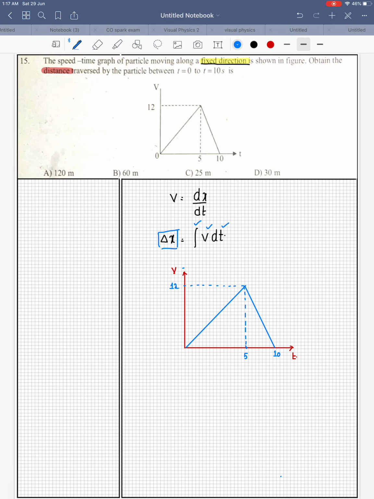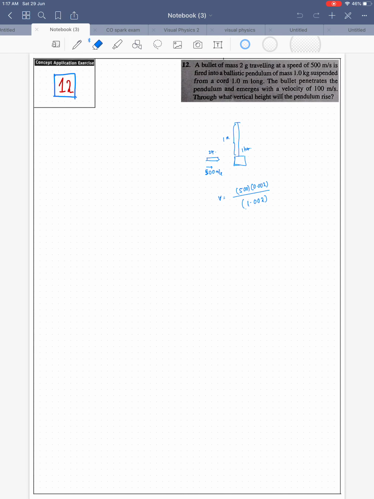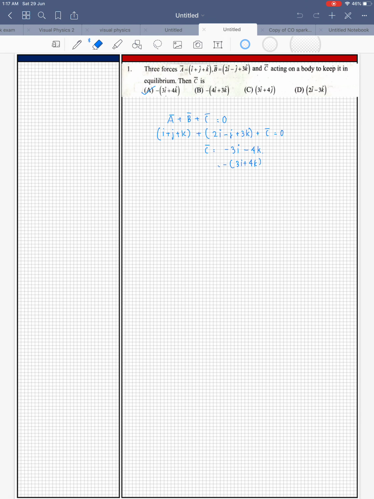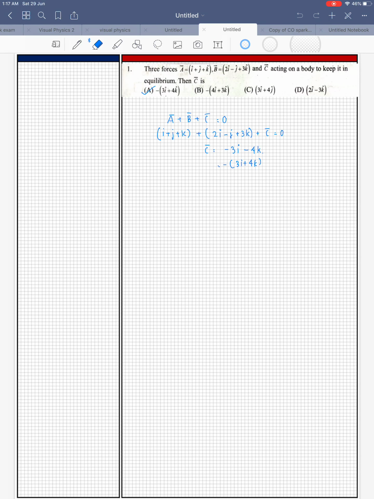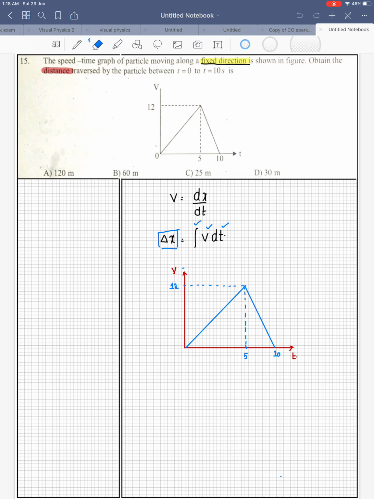displacement in a VT graph by finding this particular area.